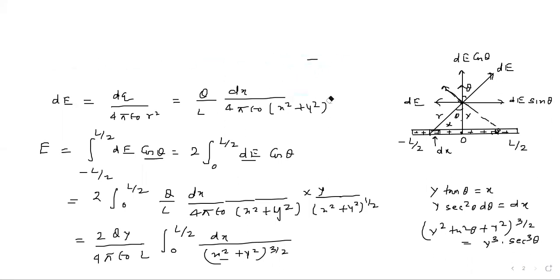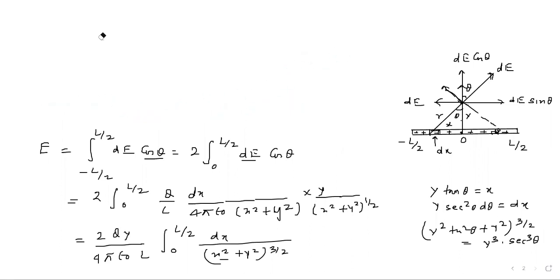So our integral will change and we will get E equal to, this 2 will cancel out this 2. So qy divided by 2 pi epsilon naught L, and here in the numerator dx is y sec square theta d theta, and here there is sec cube theta, so 1 sec theta will be left in denominator.